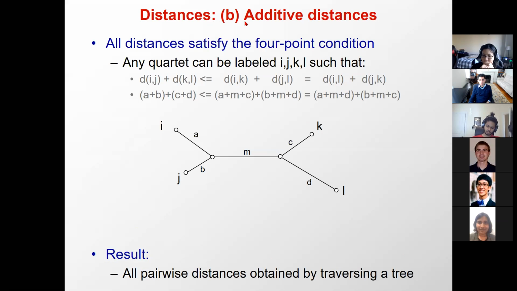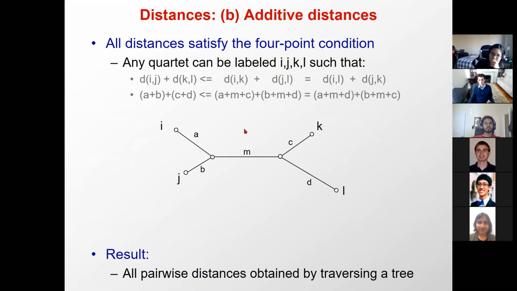There's a more general condition which does not require that the distance from the root to the leaves is the same for all species, for all lineages. That's that the distances satisfy this four-point condition: any quartet can be labeled i, j, k, l such that dij plus dkl is smaller than dik plus djl, and that's the same as dil plus djk.